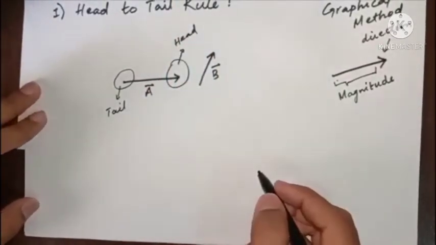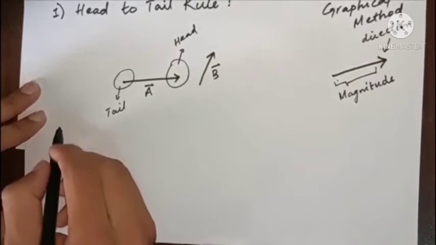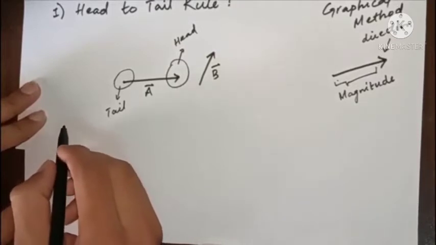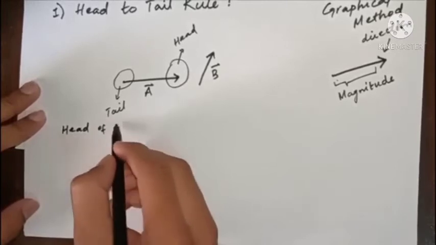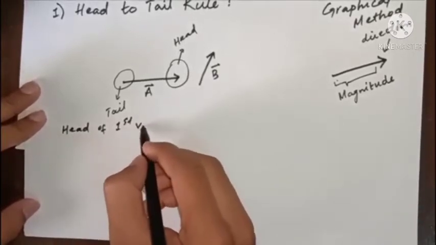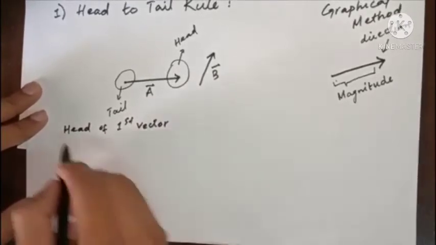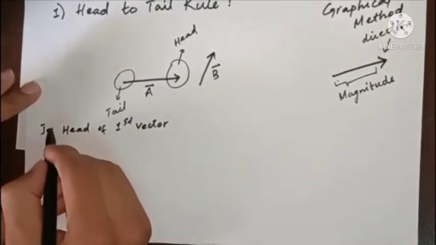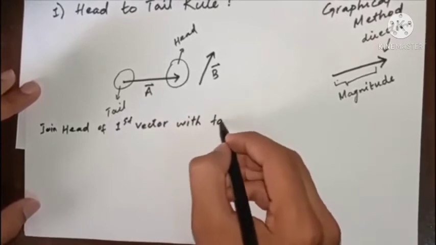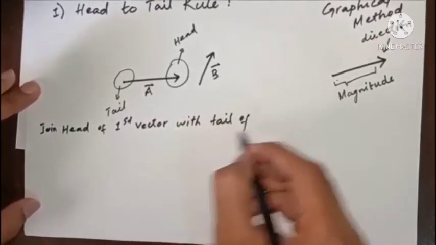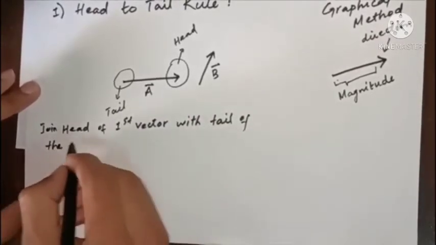The rule is simple, that we join the head of the first vector with the tail of the second vector.